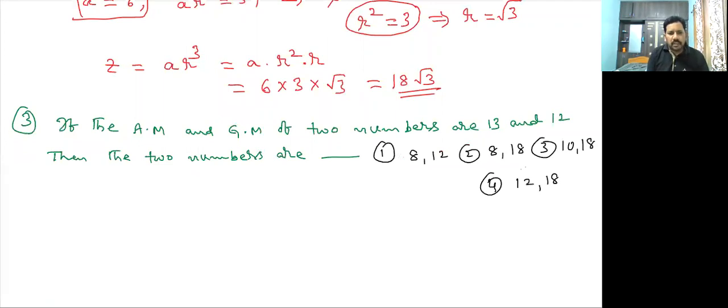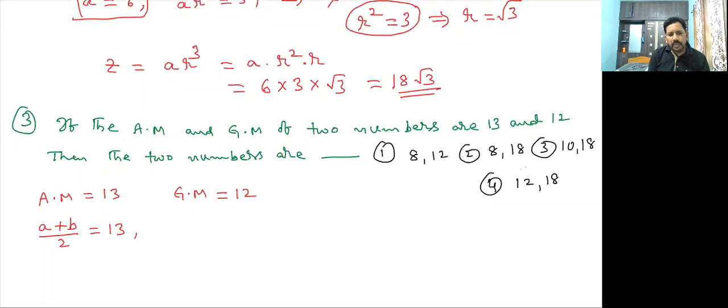Here they are given arithmetic mean. How much given? That is 13. And geometric mean given. That is 12. What is arithmetic mean of A and B? That is A plus B by 2. That is equal to 13.